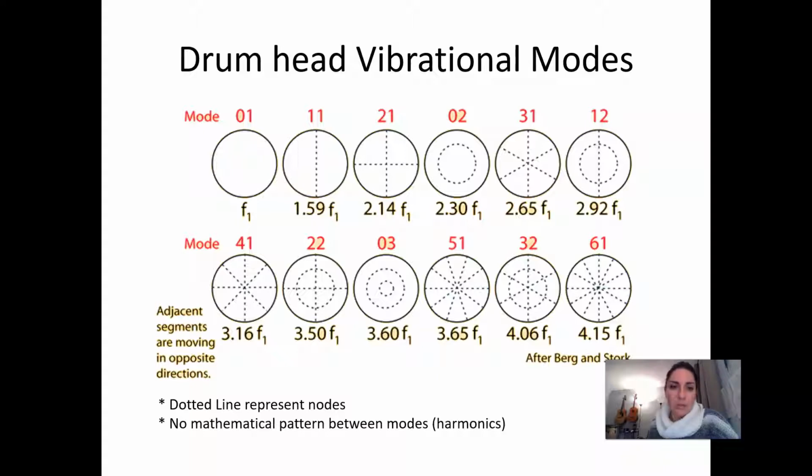So if I were to allow it to just create some standing waves, F1 is the fundamental, the lowest frequency. But if I turn that function generator up to 1.59 times the first frequency, I get the first nodal line. That dotted line is the node, the place where the wave doesn't move.